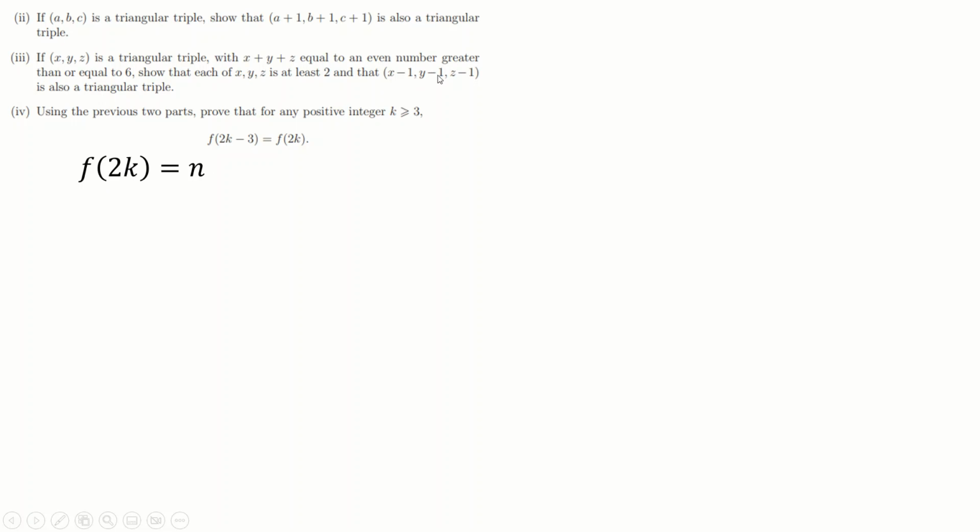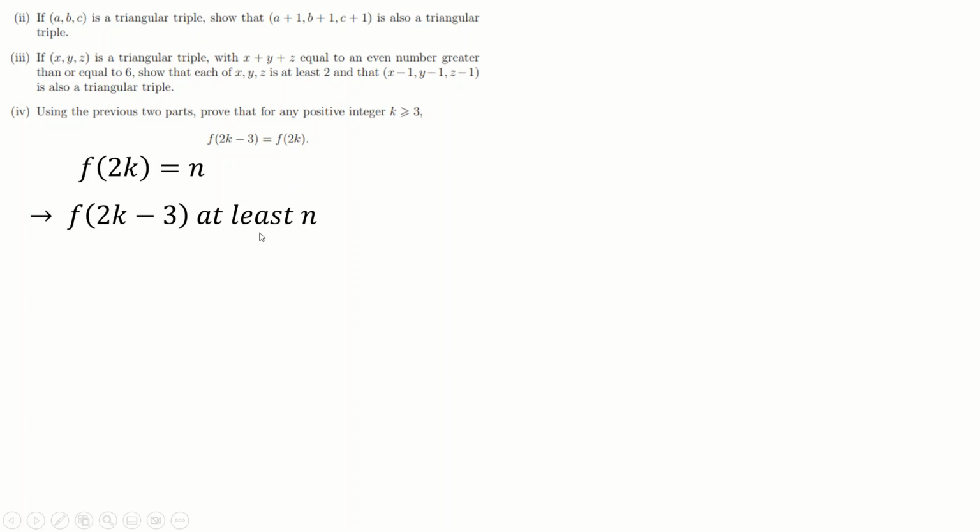But if you take away 1 from every side, you decrease the perimeter by 3. So that means I decrease this perimeter by 3 to make 2k minus 3, but n stays the same because all of the previous triangular triples are still triangular triples. And what I'm saying is it's at least n.